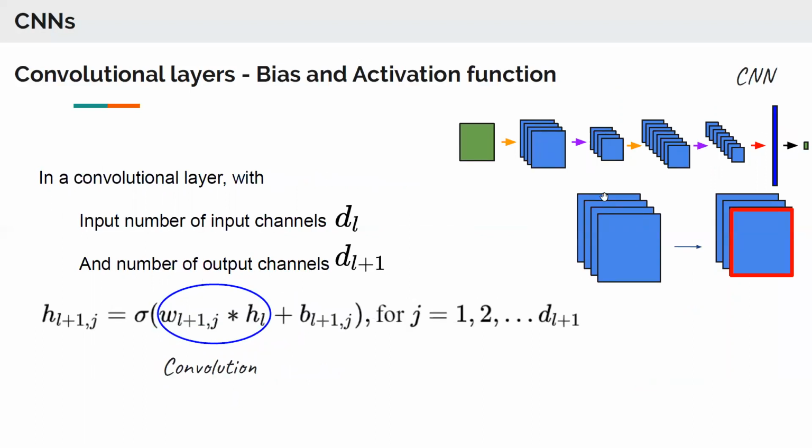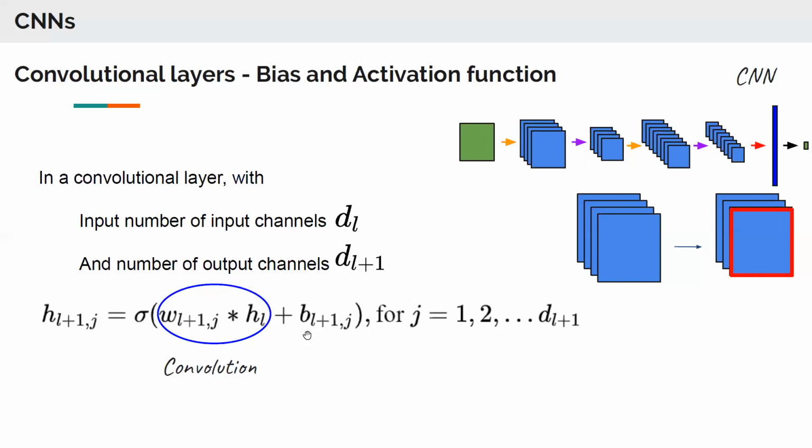So if you look at a particular hidden layer with d_l input channels and d_{l+1} output channels, and then if you look at a certain output channel here, the jth channel, j going from 1 to d_{l+1}, that is basically the convolution of this whole input h_l with the jth filter, the jth convolutional kernel, and then we add a bias term to it, and then the whole thing passes through a nonlinear activation function.